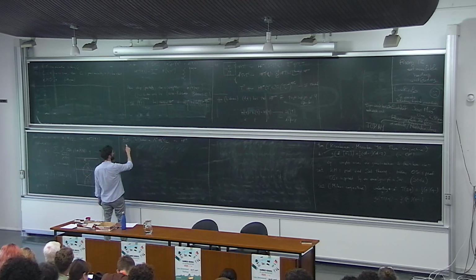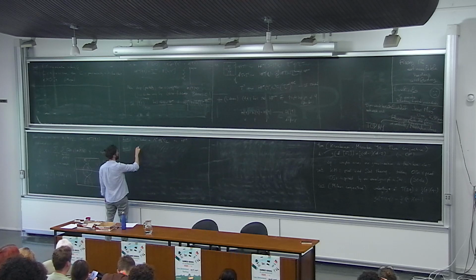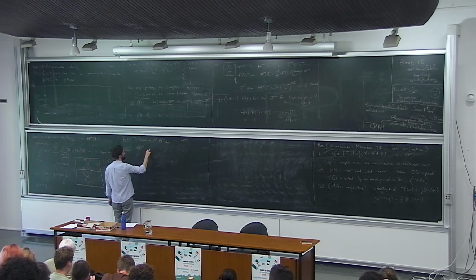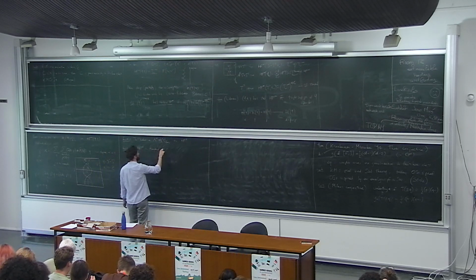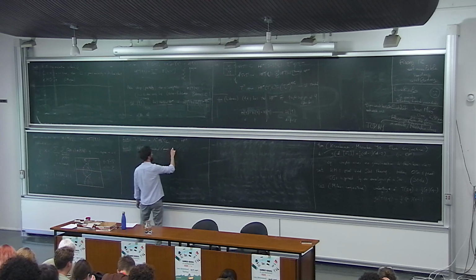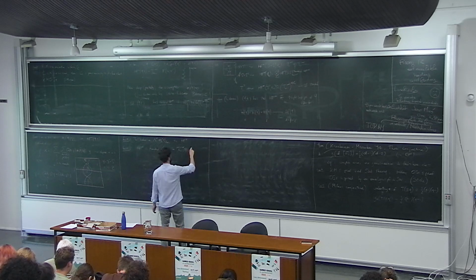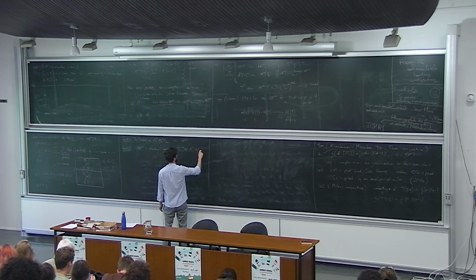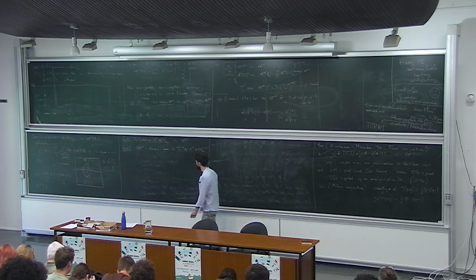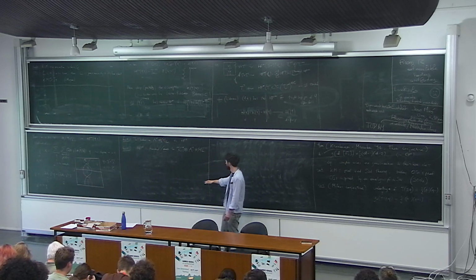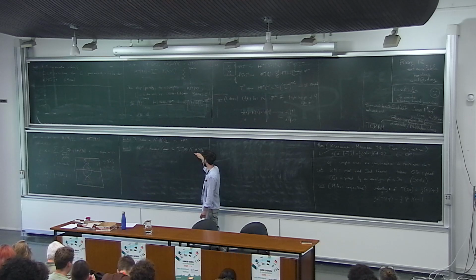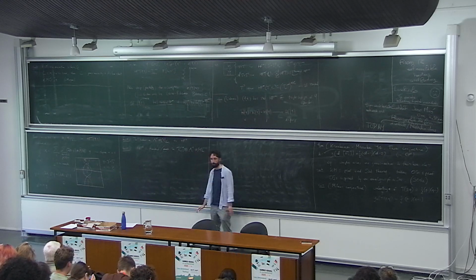And fact number 2 is that HF infinity is standard if and only if it is isomorphic to a tower tensor the exterior algebra, as modules over this exterior algebra.